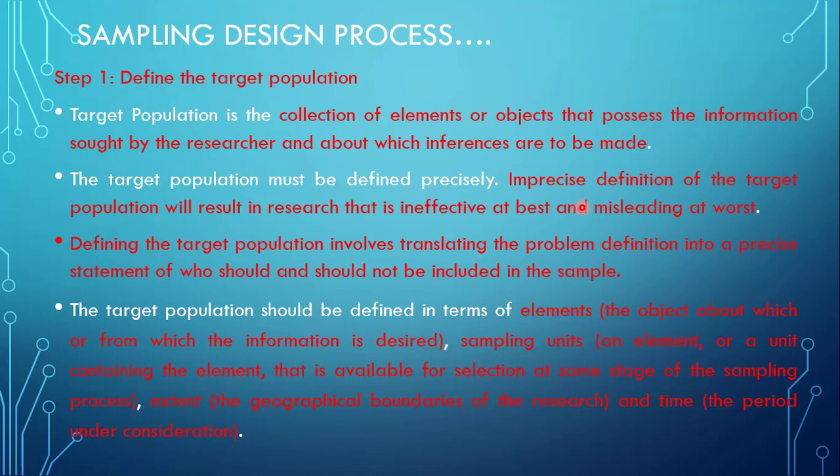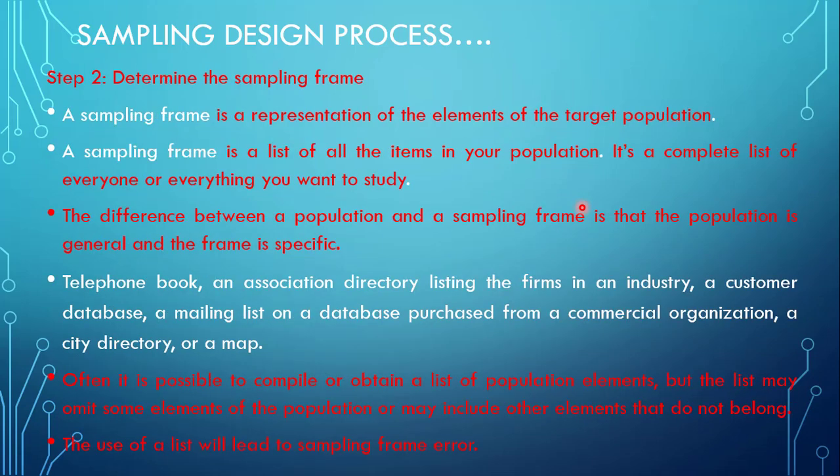Be reminded that whenever you define your target population, you should understand your problem statement. You should understand what objective you have, what goal you have, and then define your population precisely. The second step is determining the sampling frame. A sampling frame is a subset of your population.